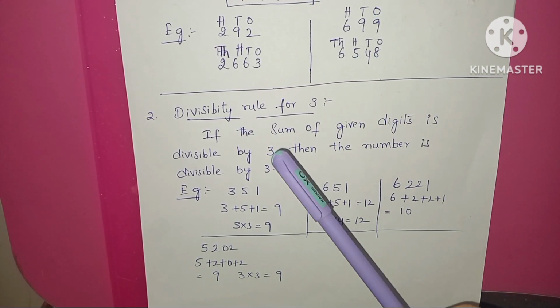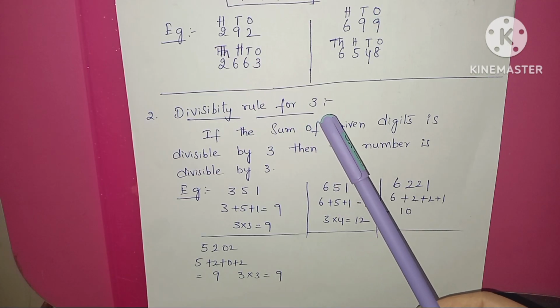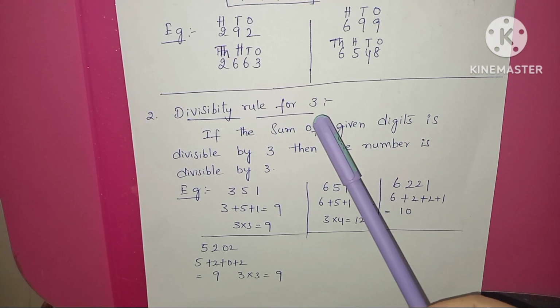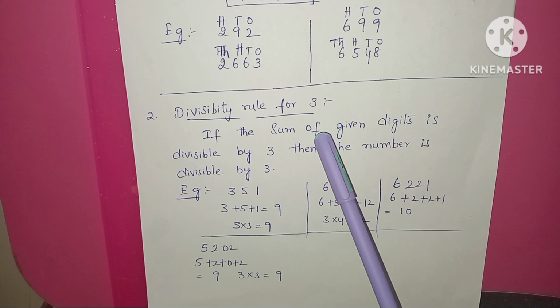Coming to the next divisibility rule, for 3, it is also as easy as 2. First we should know the rule.